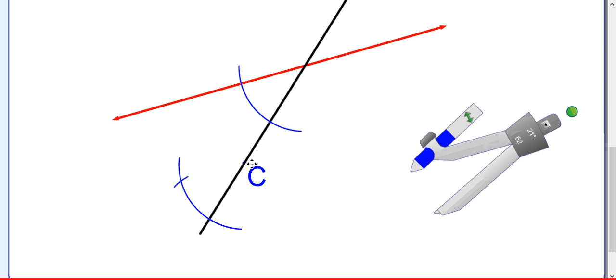So now we have point C and this little X that we made. That creates the parallel line, right there.